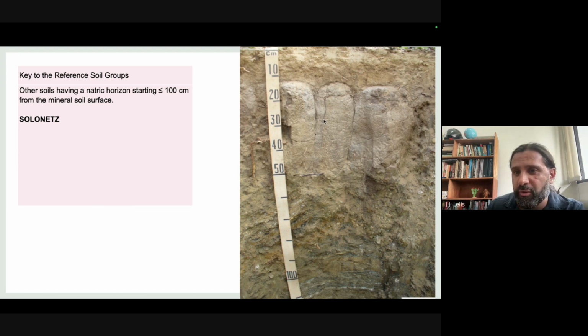In this photo, you can also see the darkish colors that I mentioned some natric horizons present because of this intense migration of clay and sometimes also organic matter from above to the B horizon. They are quite common in drylands, okay?